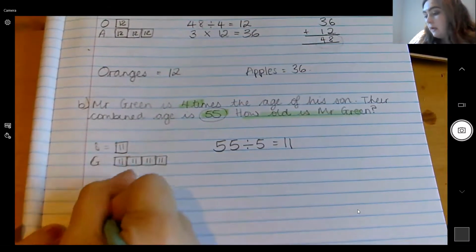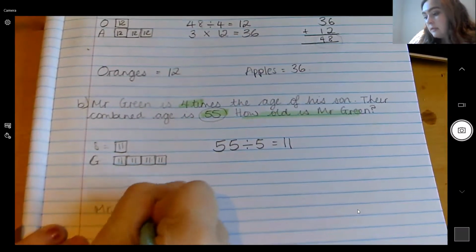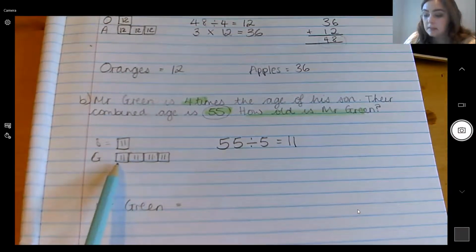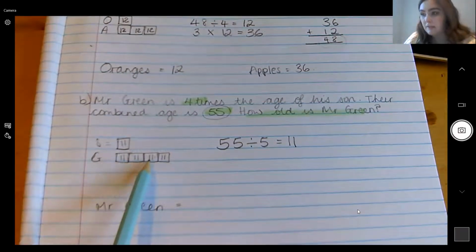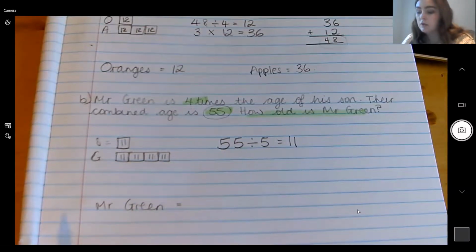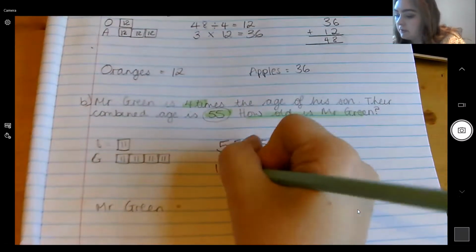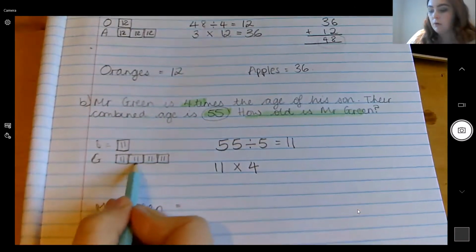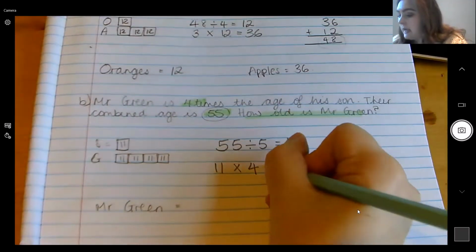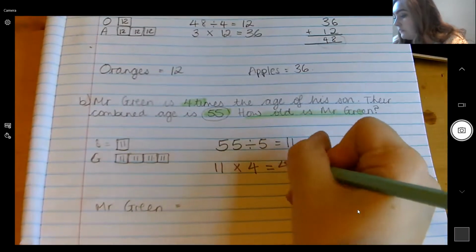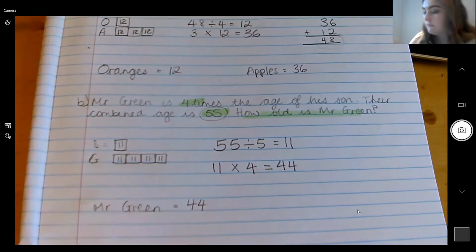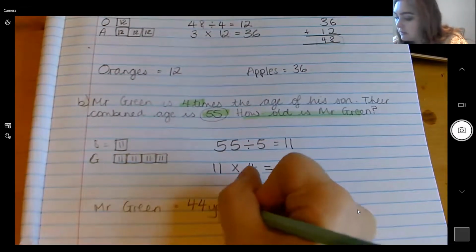So we can either have a repeated addition number sentence by doing 11 add 11 add 11 add 11, or we could do 11 times 4 because we've got 4 boxes for Mr. Green here. And 11 times 4 is 44. So that means Mr. Green is 44 years old.